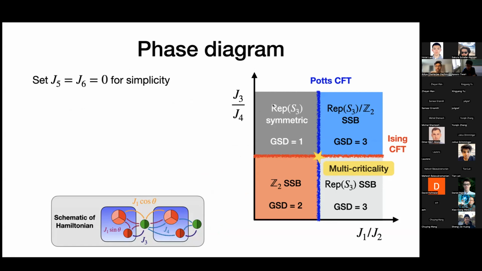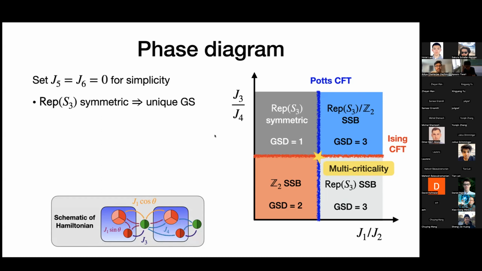And because the two models are related by some kind of topological manipulation, the gapless phases also remain largely the same. Maybe they get orbifolded, but the low energy description is almost exactly the same. So I've labeled them with these Hodgsonizing CFTs again.